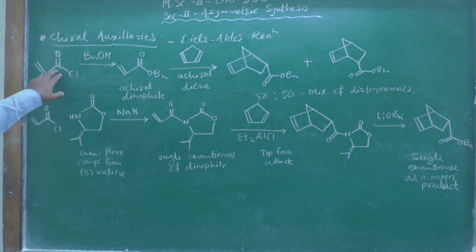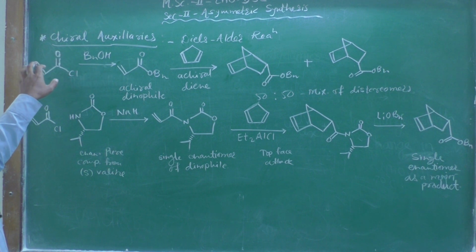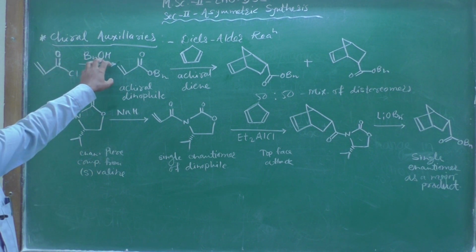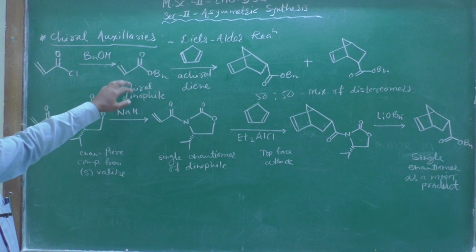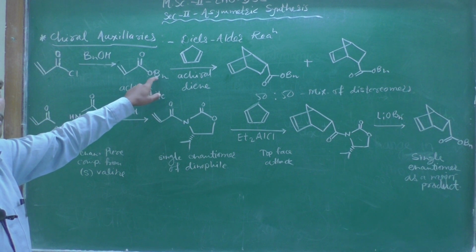Here we have acrylyl chloride, CH2=CH-COCl. If we react this acid chloride with benzyl alcohol, there is a formation of an ester, COO-benzyl, where the benzyl group is CH2Ph.